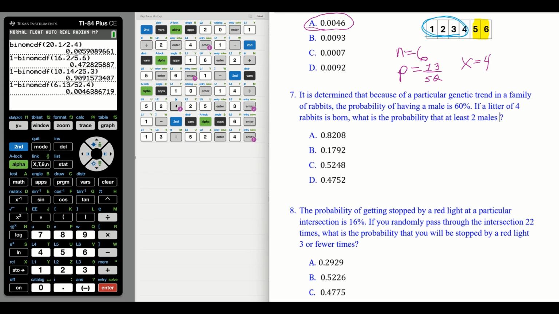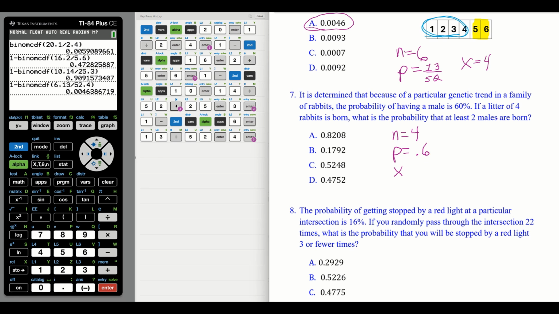Well, we know what N is and we know what P is. So N is the 4 baby bunny rabbits, and the probability of having a little boy is 0.6. No need to use the 0 here. And our X is 2 at least.